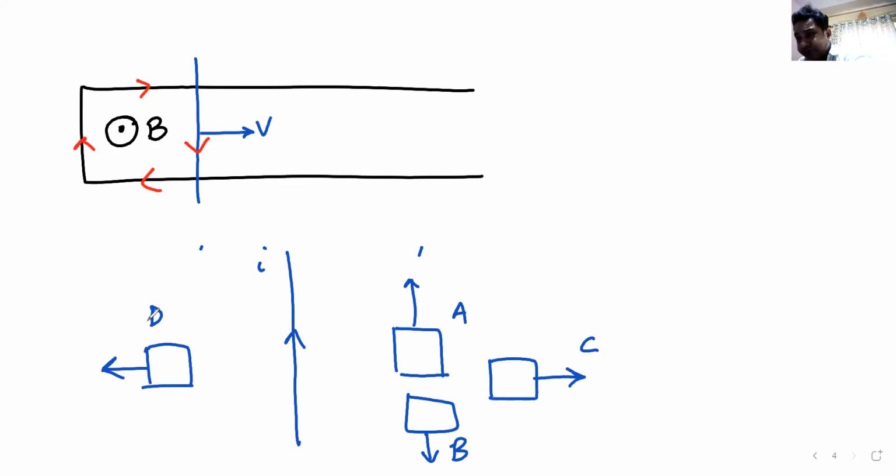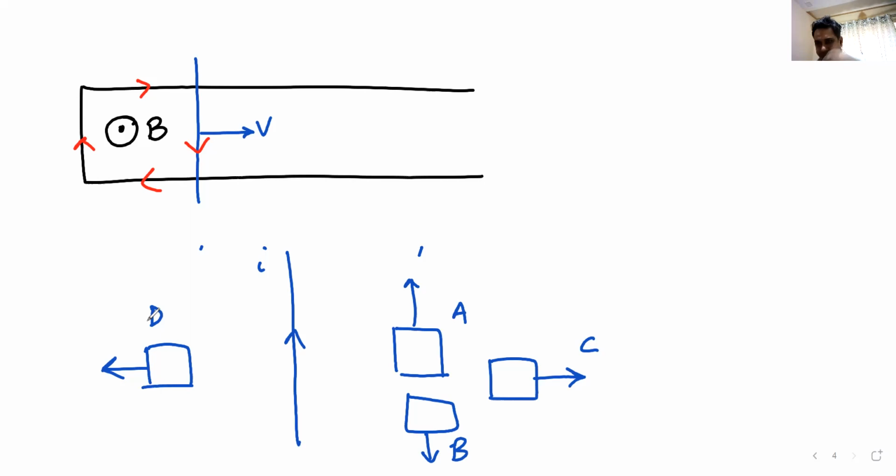How will you do it? Sir, for A and B, it will be 0. Why will it be 0? Because the perpendicular distance from the wire is the same.